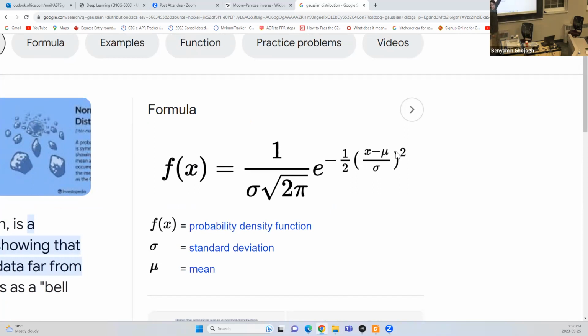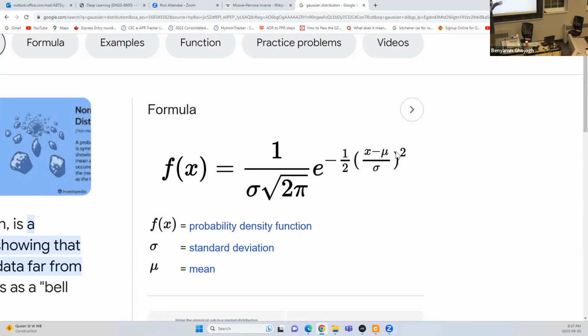This normalization factor makes it sum to 1, or integrate to 1. So basically, I have e to the power of minus something, or e to the power of something. Because of this e to the power of something, it belongs to the exponential family. So we have an exponential family of distributions where all of them have e to the power of something. Gaussian distribution is one of them.